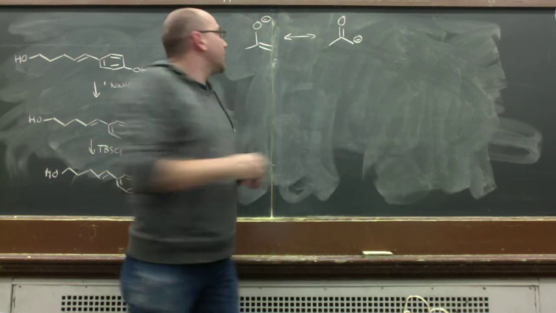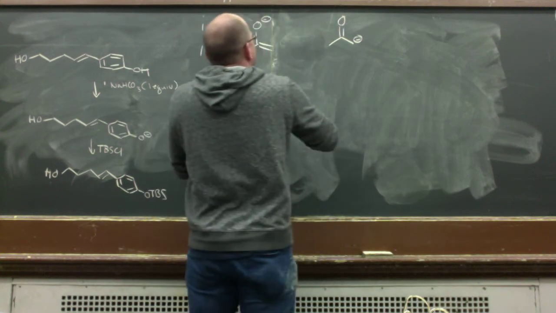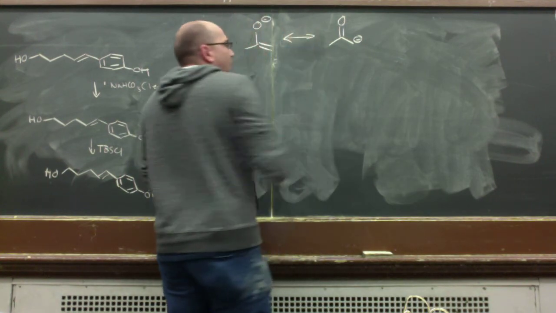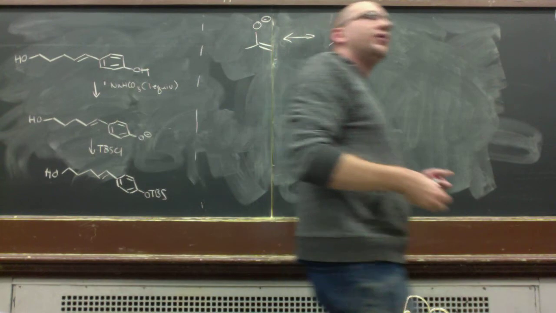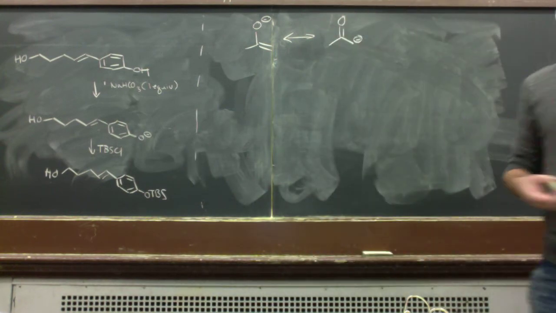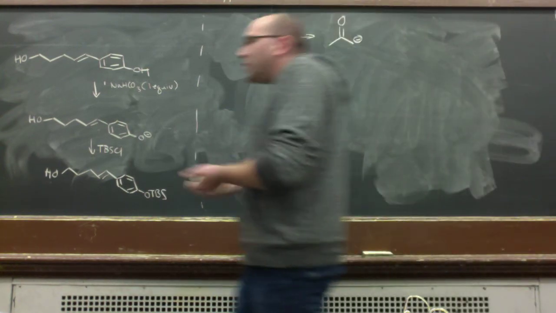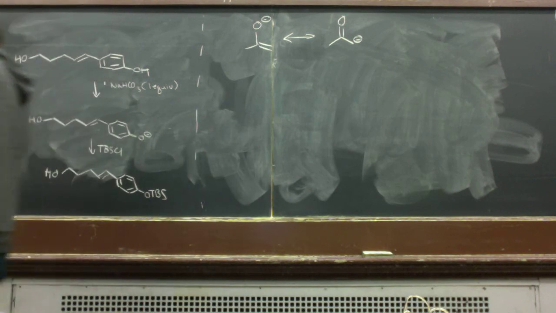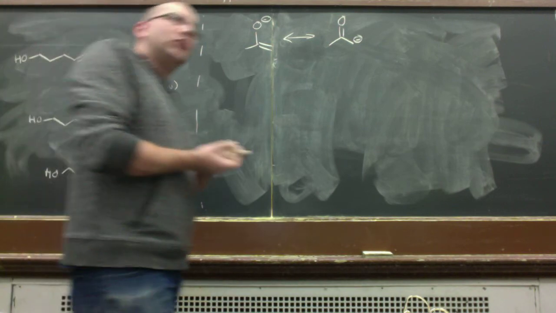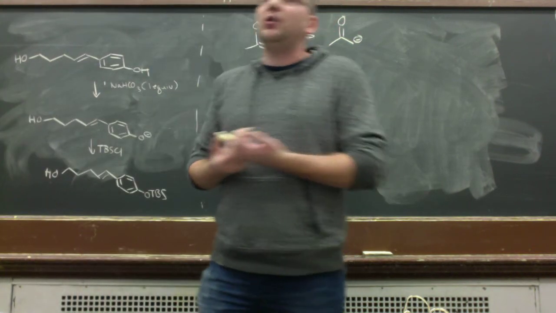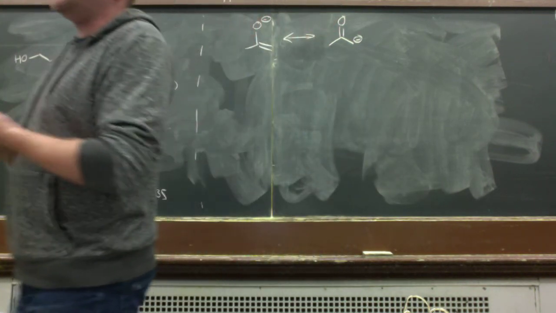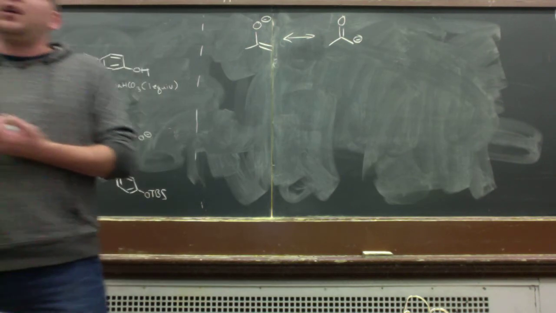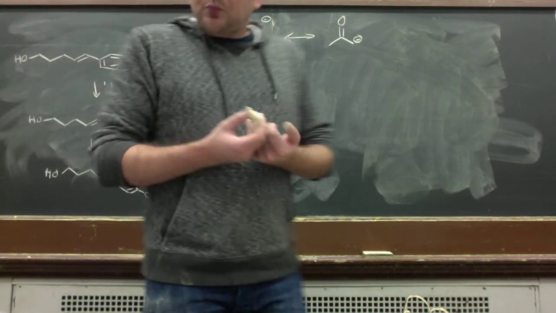There are two resonance forms of enolates, right? And we alluded to the fact that with alkoxides you could do O-alkylation, and you could also do C-alkylation, but primarily we focused almost exclusively on C-alkylation just to keep things simpler.